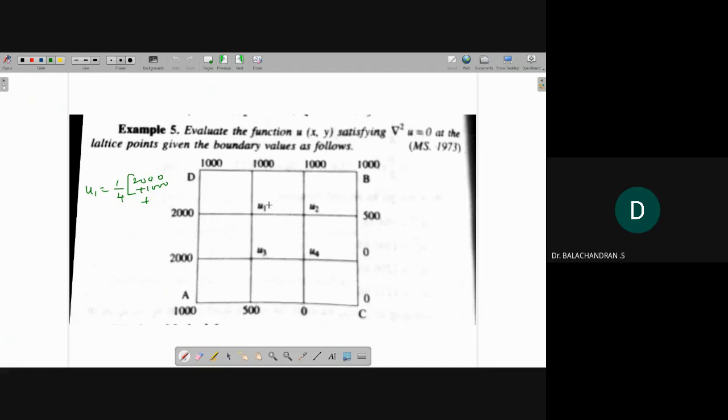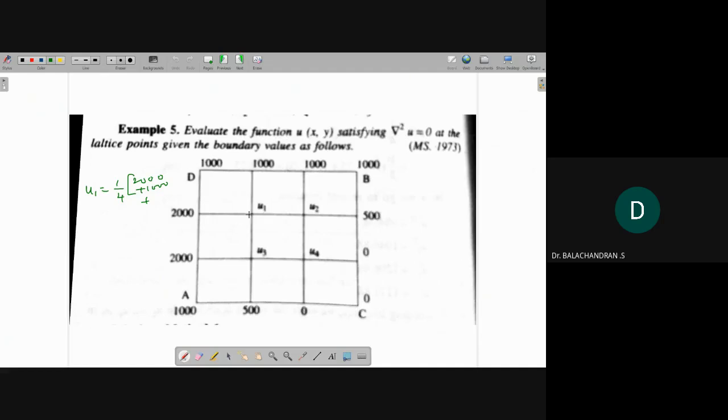If you apply the diagonal 5-point formula for u4, you know three values, but I don't know one value.